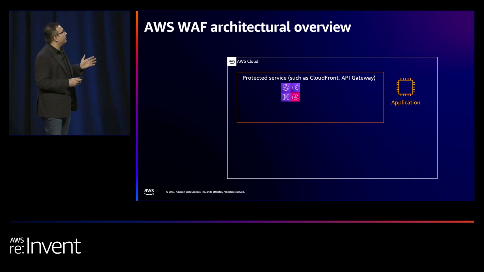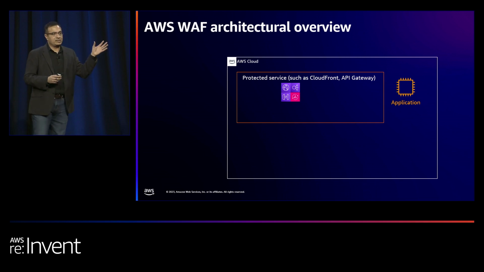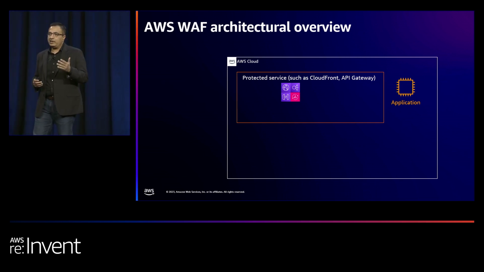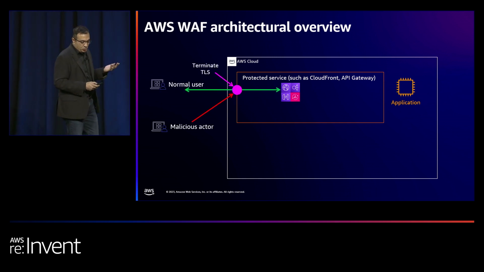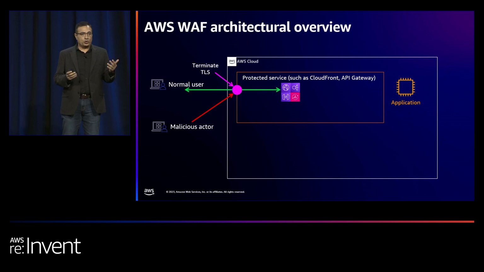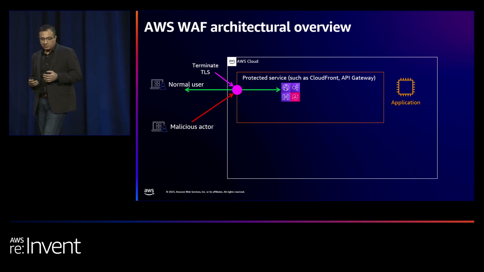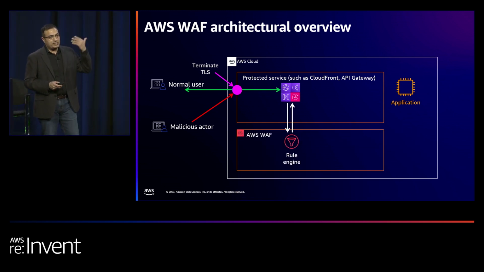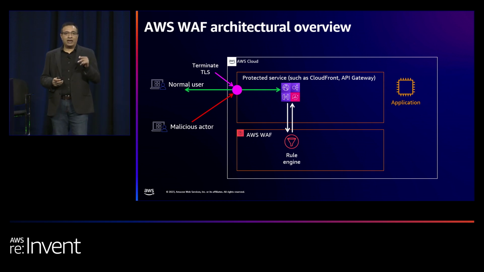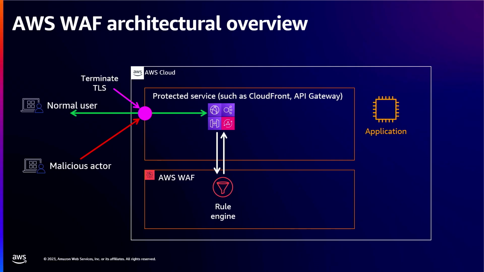We're going to start with an application which is behind a protected service, such as CloudFront, ALB, API Gateway. When a normal user or a malicious actor, at this point we don't know what is what, any request that comes into a protected service, when you have AWS WAF configured to protect that service, the request is inspected by the AWS WAF rule engine. As Chris alluded to earlier, it has a rule engine in which you can place different kinds of rules.